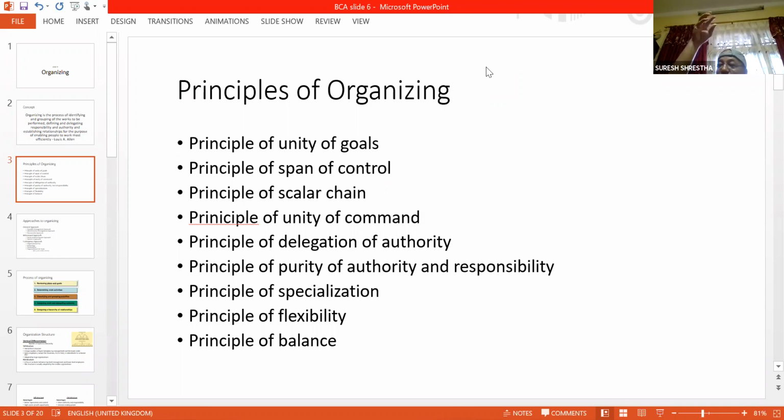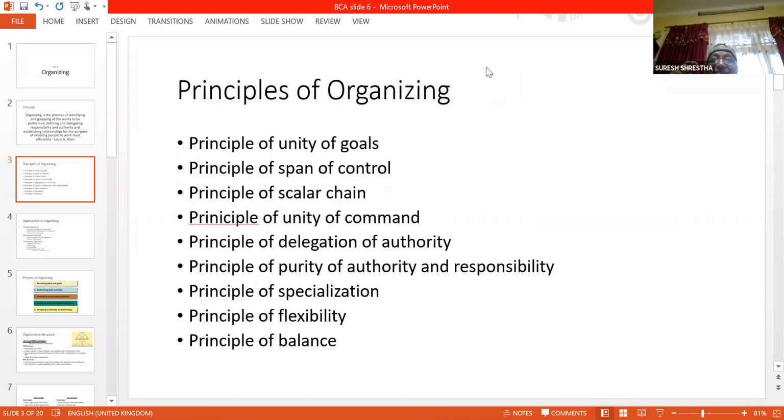So we have one organizational goal, and all the works, all the departments, all the units, all the work groups are actually performing their work to achieve that goal. Whenever you are organizing, another important factor is the span of control.